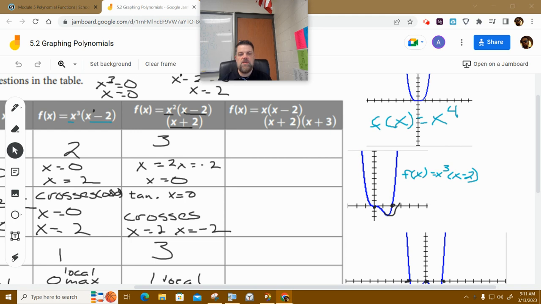Anyway, so what we're going to do is finish up this little section here. To recap, we're noticing the behavior of the polynomials based on the factors. And a key word, and I thought about this over the weekend, is multiplicity. Multiplicity helps us.